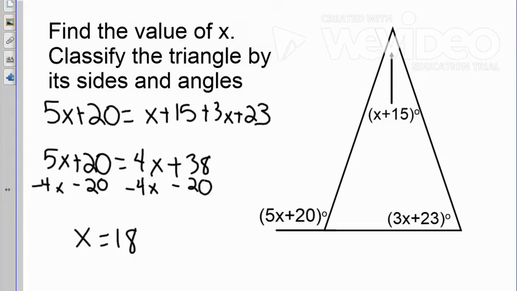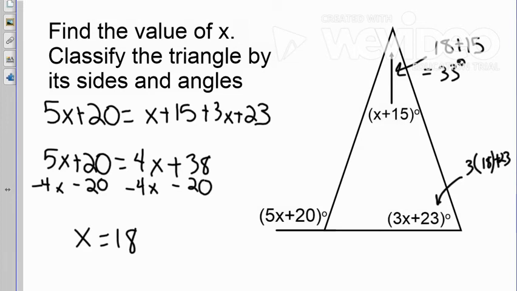Okay, so now we need to see if we can figure out what those angles are. For this one, we're going to have 18 plus 15, which is 33 degrees. Okay, this guy right here, we're going to do 3 times 18 plus 23.